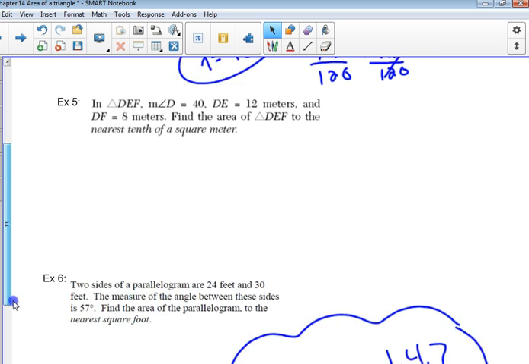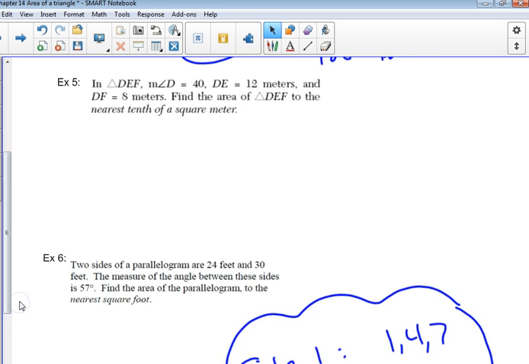Why don't you guys try out number 5? Give yourself a nice little picture. Anybody want to do it up there? See? There you go.